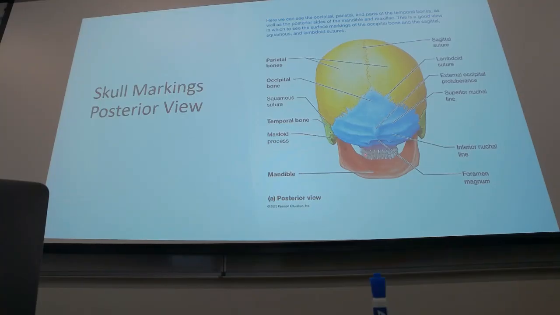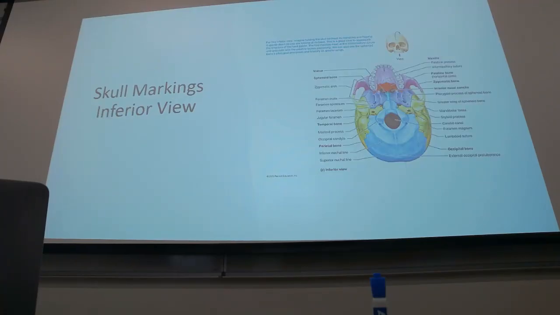And then you can see the mandible there, the maxilla here. So all of these are features or markings that you can see in the posterior view of the skull. Inferior view of the skull, well, you will see a lot of holes, a lot of foramina. Why? Because a lot of blood vessels go from the neck area into the skull.